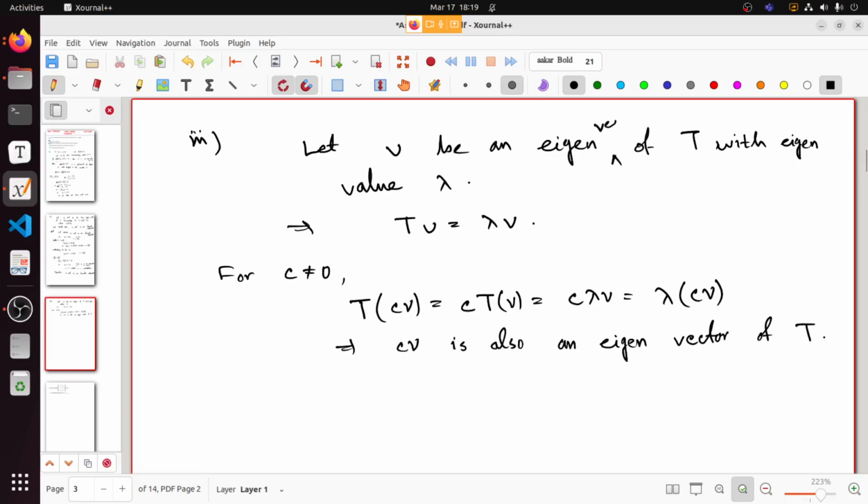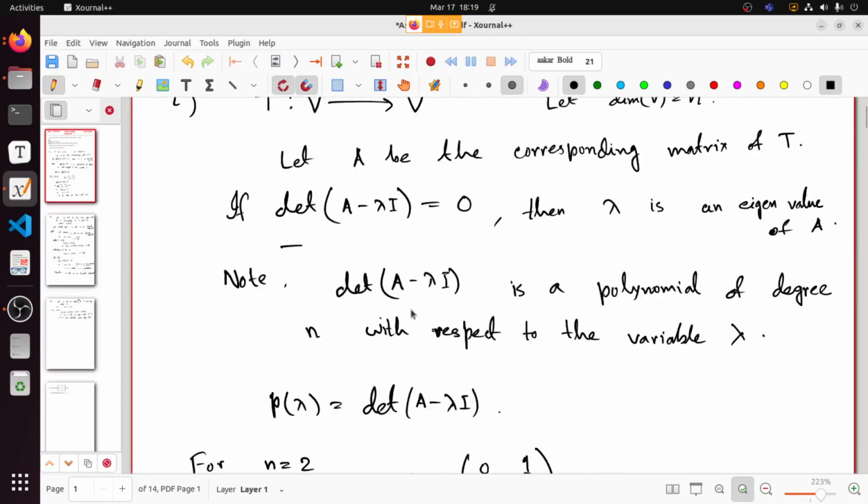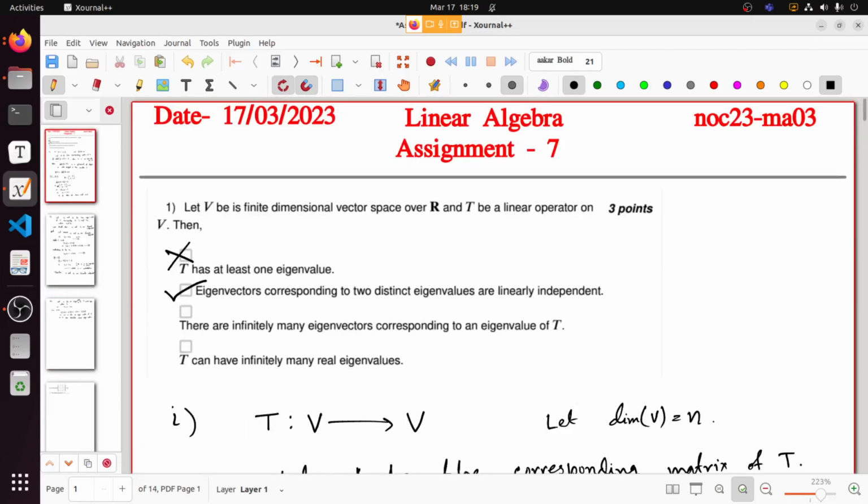So T has infinitely many eigenvectors, because c is non-zero, you can take any non-zero real number. So option number 3 is correct. T has infinitely many eigenvectors corresponding to an eigenvalue of T.